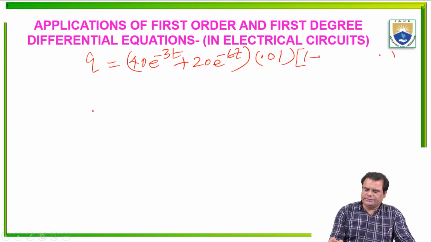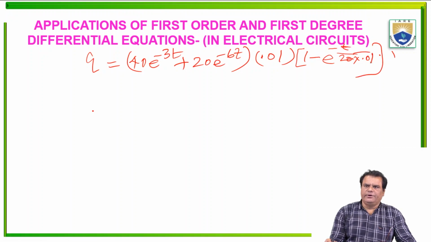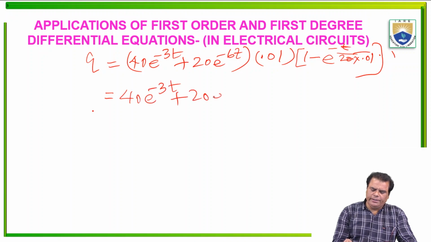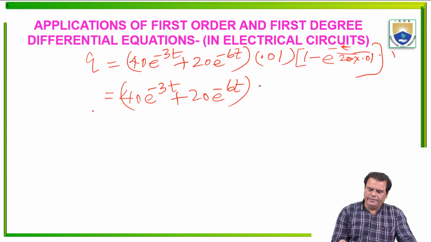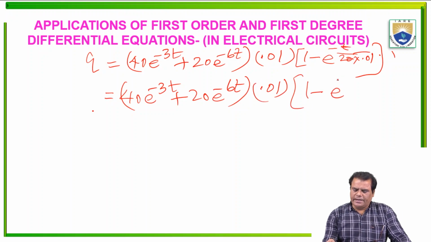So 1 minus e to the power minus t upon RC, with R 20 into 0.01. This equals 40 e to the power minus 3t plus 20 e to the power minus 6t in brackets, times 0.01, and here 1 minus e to the power minus t.